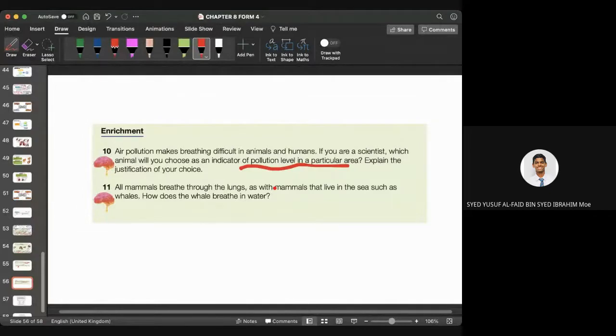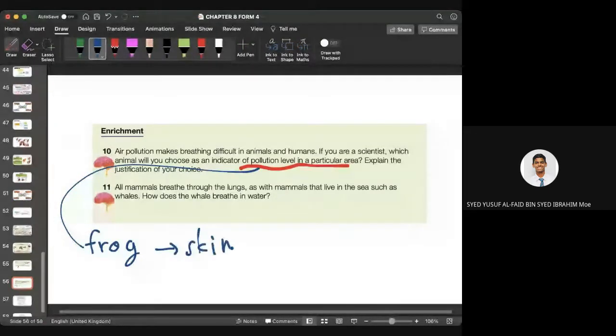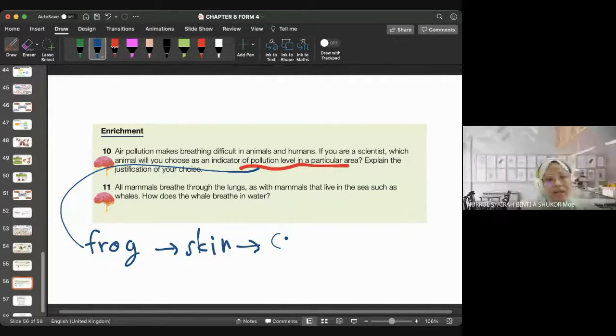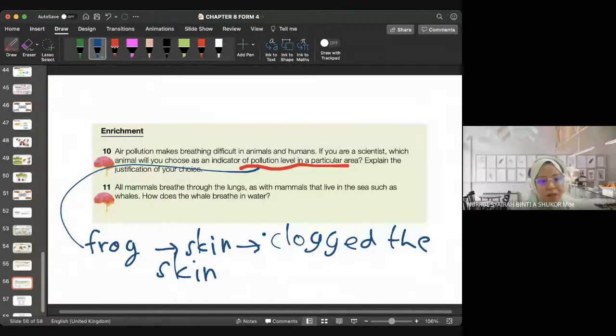Thus, air pollution will cause the surface of the frog's skin to be blocked by small particles. The particles stuck on the skin will reduce the efficiency of gas exchange and can cause the frog to die. Yes, clog the skin pores. Okay, thank you Syed. Very smart answer.